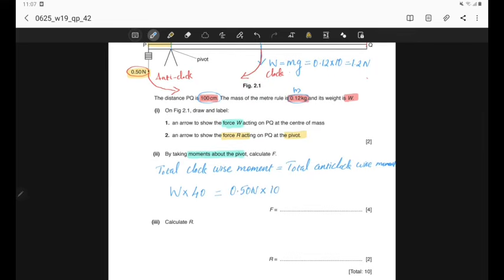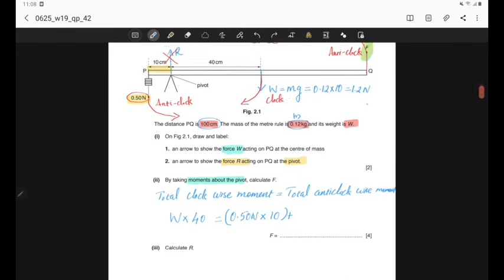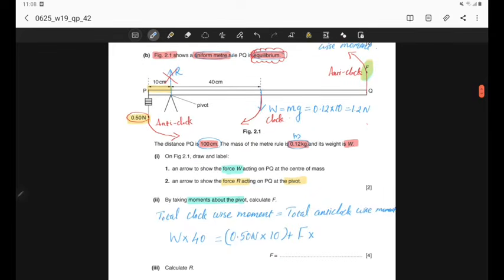Plus there is one more force which is causing anti-clockwise, the final force which we have to calculate. So that unknown force times the distance from the pivot, which again we need to calculate. This is the pivot, from pivot to Q where F acts.